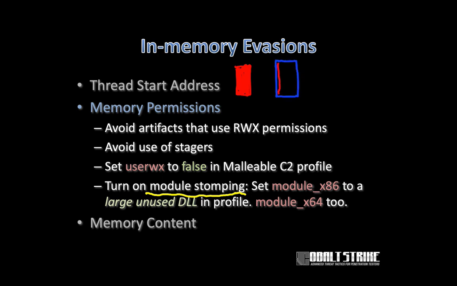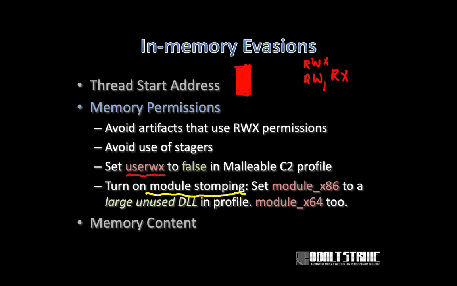It then copies that Beacon DLL over to that memory, and the permissions of this memory are going to depend on the use_rwx flag. Maybe it will be read, write, execute for everything, or a mix of read, write, and read, execute, depending on the purpose of each section of our Beacon DLL.